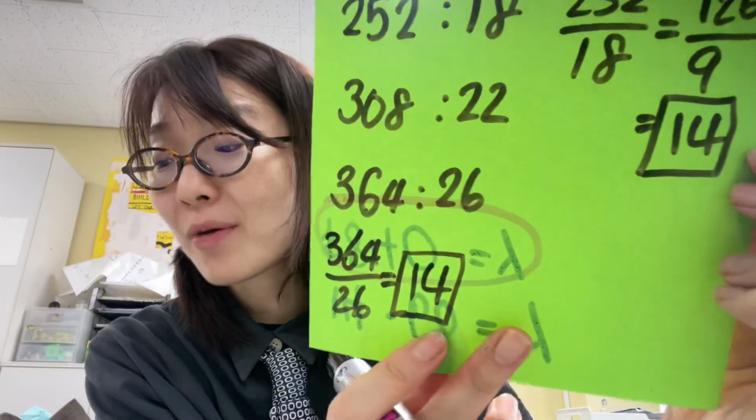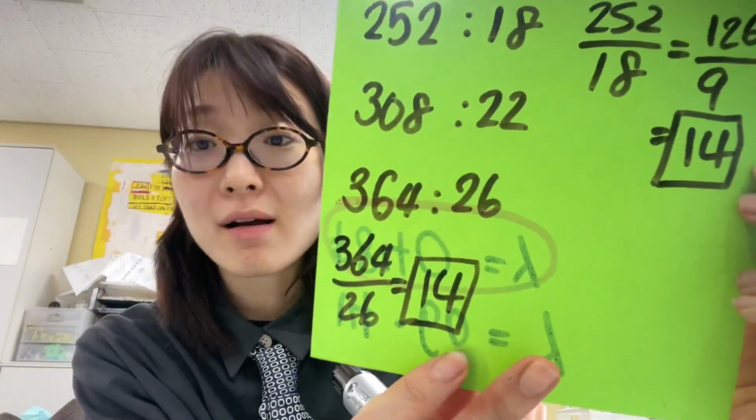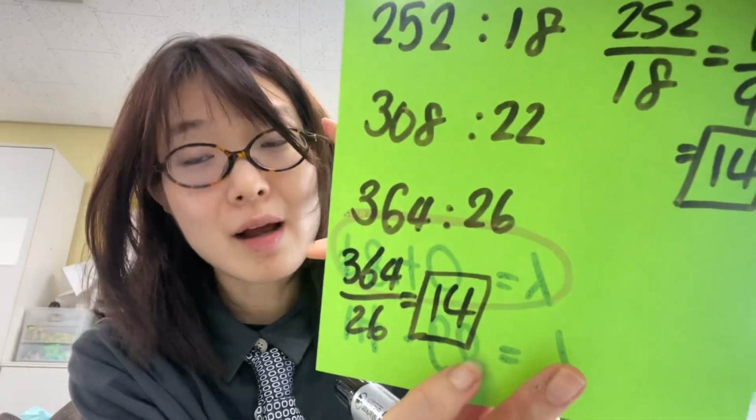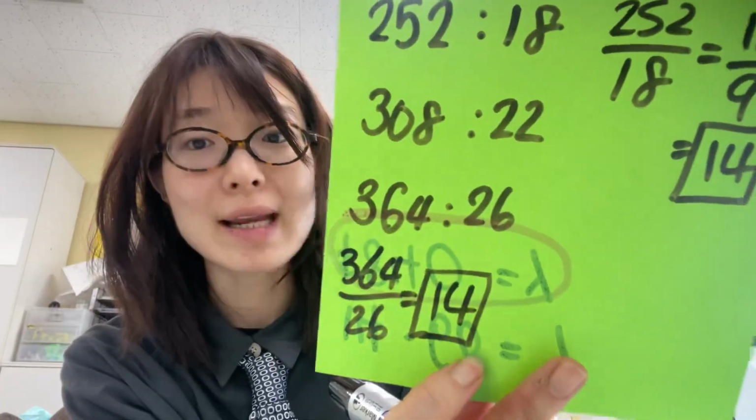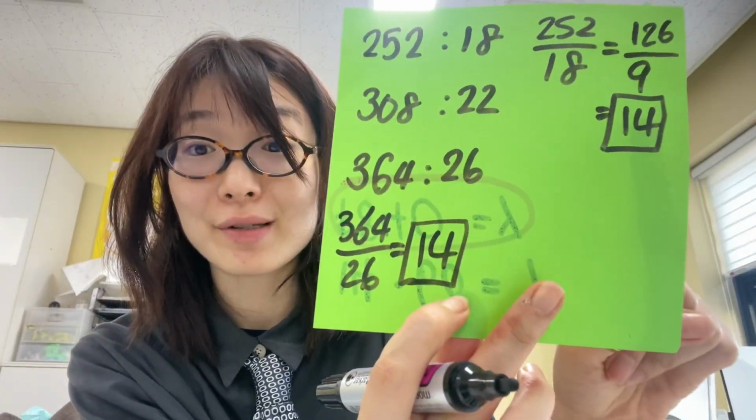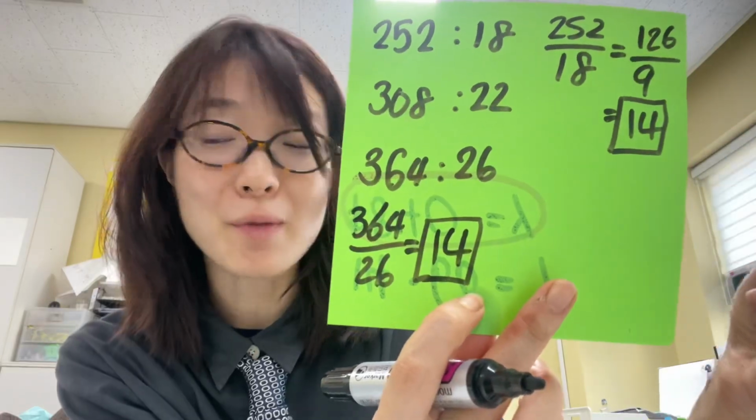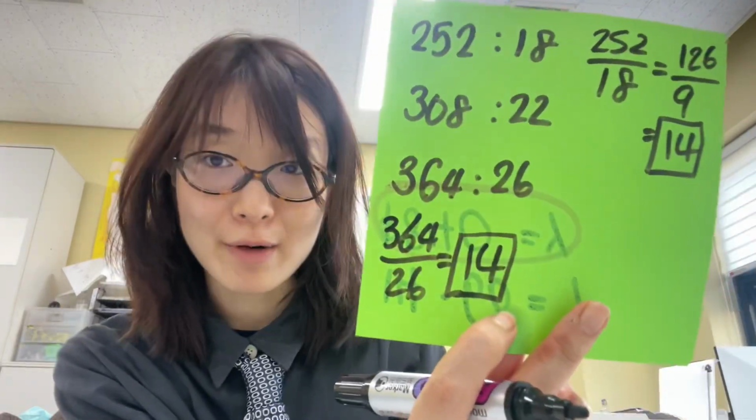So now we know that the cost for one ticket is $14, right? $14, and that's also my constant of variation.